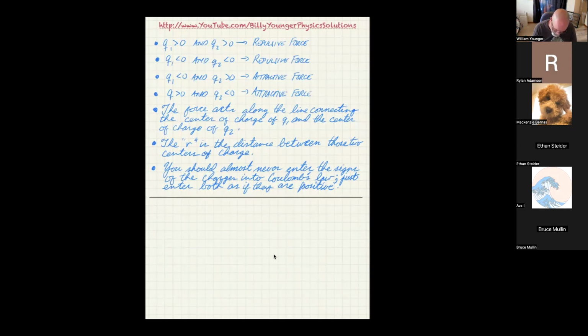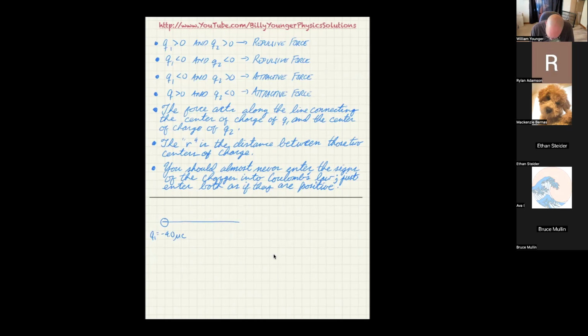So there's my line, and I'm going to draw a picture. We've got 3 charges along this line. This charge right here is going to be a negative charge, Q1 is equal to negative 4.0 microcoulombs.